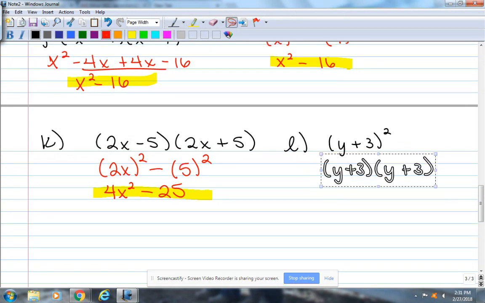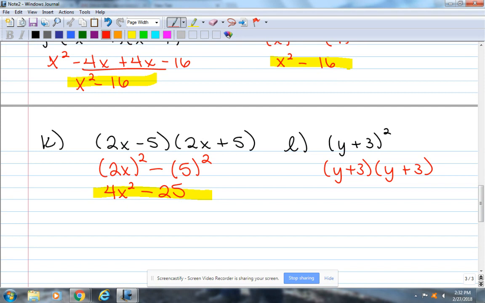So does that not just mean y squared plus 3 squared? No, you cannot. There's no shortcut. That is like the most frustrating mistake that students make in algebra. Okay? I need a poster and blow it up the size of this room. y plus 3 squared does not equal y squared plus 9.